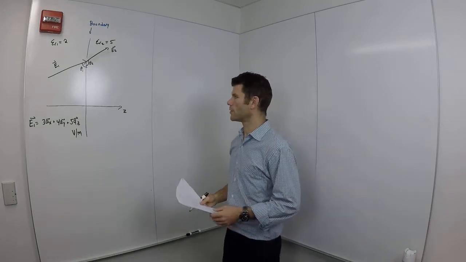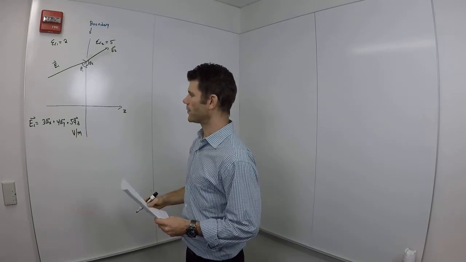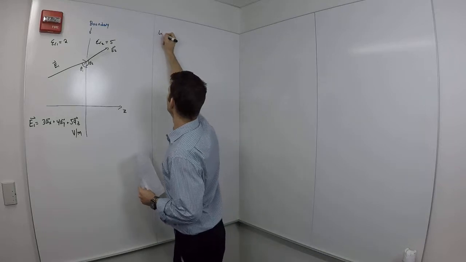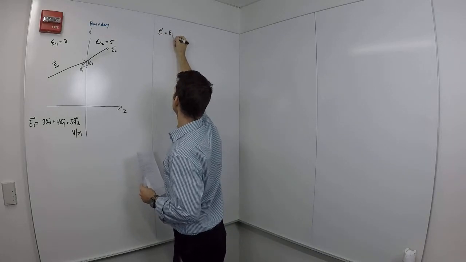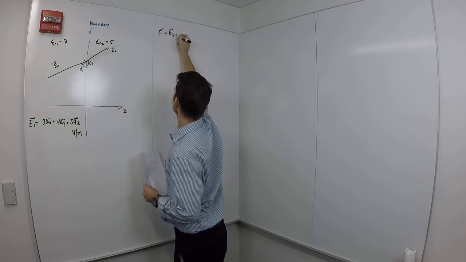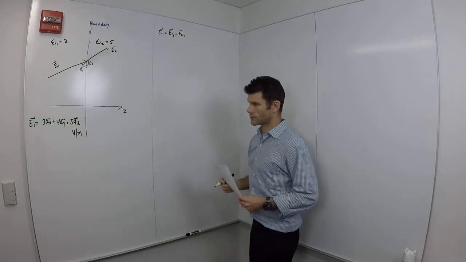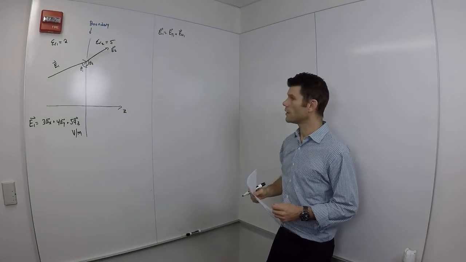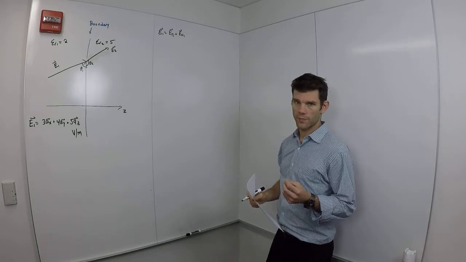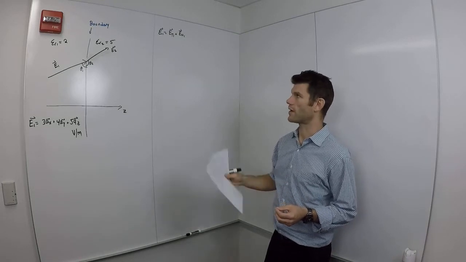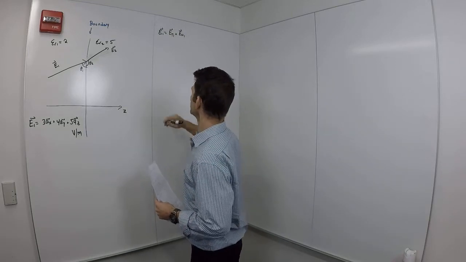Looking here, we have E1, and we know that E1 is composed of two components: one component which is tangential to the boundary, and one component which is normal to the boundary. If we can find them, we can use them based on our boundary conditions to find out what E2 is. So let's find this out.